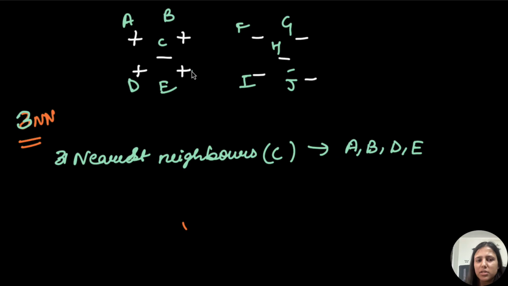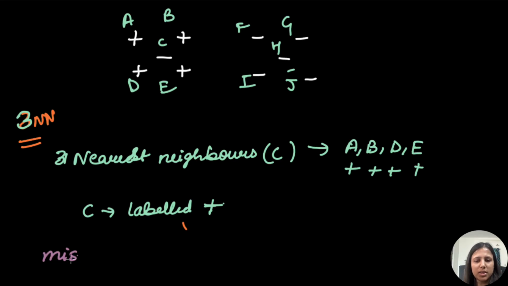So here we'll consider 4 neighbors of C. All the labels for these neighbors are positive, so C will be labeled positive. Because C is labeled positive, this is misclassified.